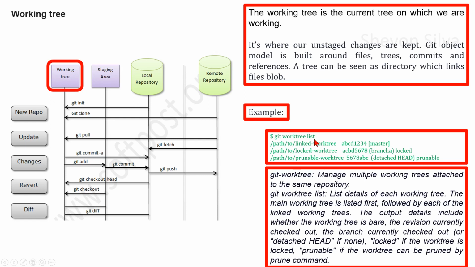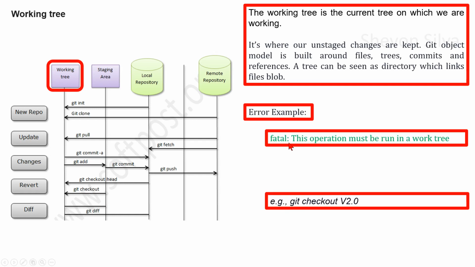The output details include whether the working tree is bare, the revision currently checked out, the branch currently checked out or detached HEAD if none, locked if the worktree is locked, prunable if the worktree can be pruned by the prune command.